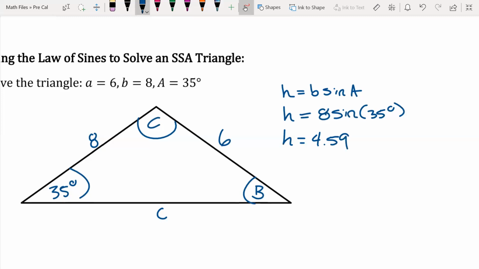Okay, and again, if you check your cases, is A less than the height? This would be for no triangle, right? No. And for a right triangle, is A equal to the height?